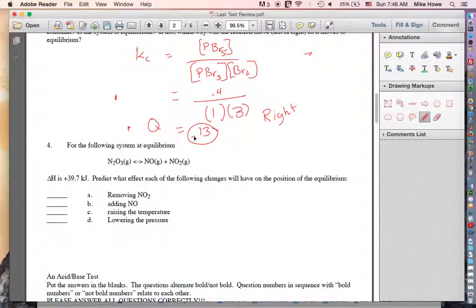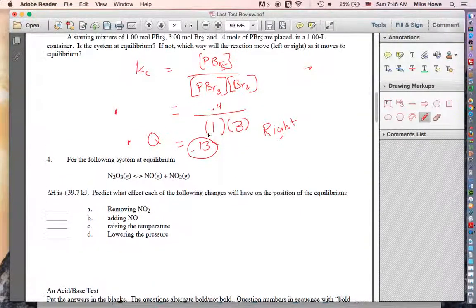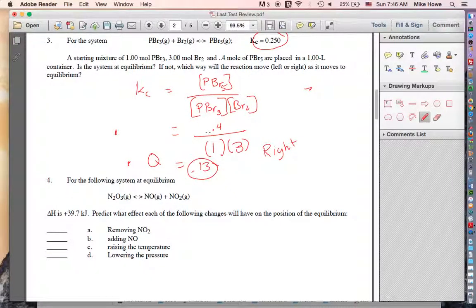So Q equals 0.13 was smaller than the constant. So we needed the ratio to get bigger to match the constant. To get bigger, you've got to have more numerator and less denominator. So we know that this system will be moving to the right in order to attain equilibrium. All right, I'll stop there, do another one in a few minutes.